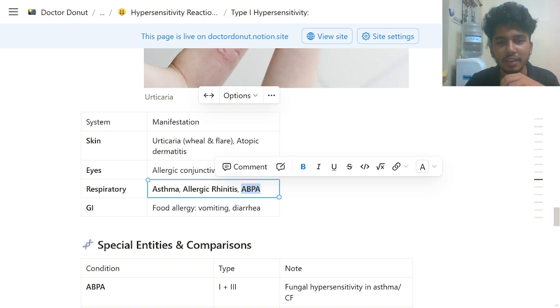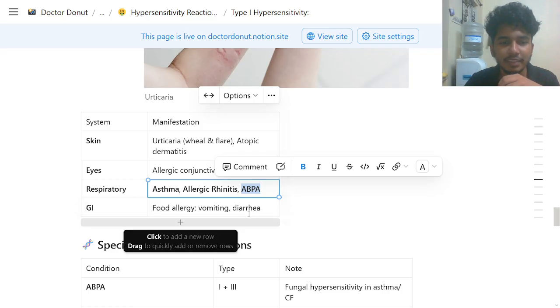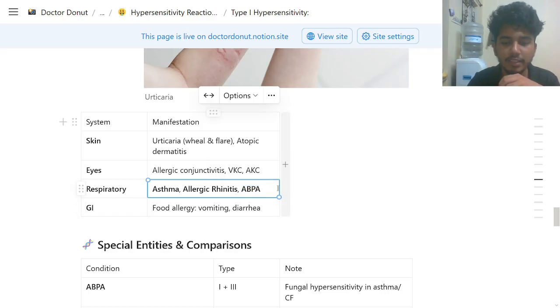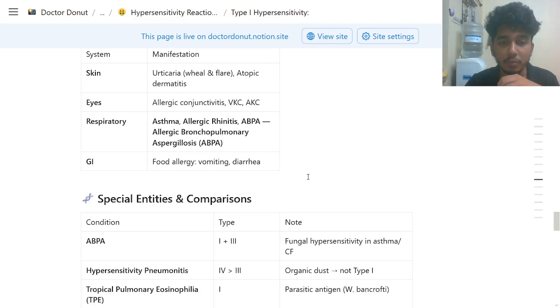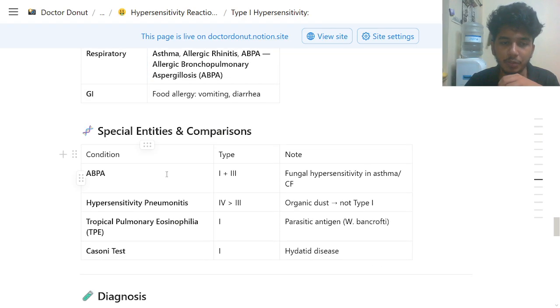Oh, okay. So the full form is, oh god, I just mixed it up. It's not asthma. It's allergic bronchopulmonary aspergillosis. I apologize. But now you know, and now I know.